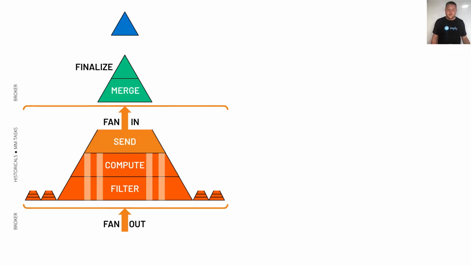Well, let's find out. If you want to have good performance from any application, you need to know how the database that's powering it actually works. And this model about query execution in Druid really helps us understand that.